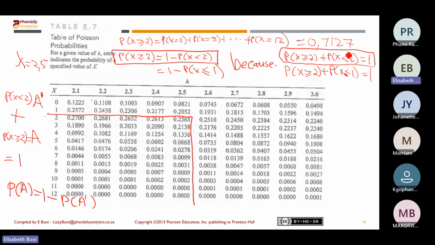The sign is positive, and when I move it over this side it becomes negative, and the formula will be written like this. I didn't want to go through that whole process of explaining, but there we go. That's how I get to 1 minus the probability of X less than 2. It is the complement of the other one.